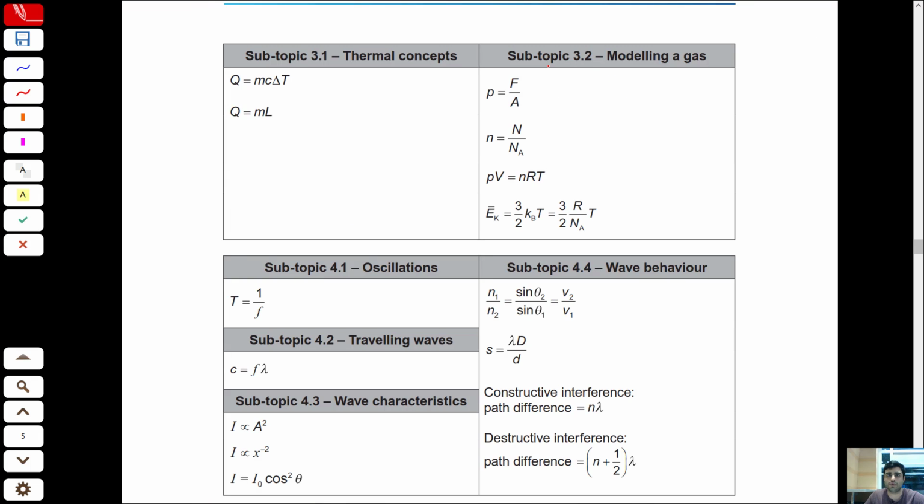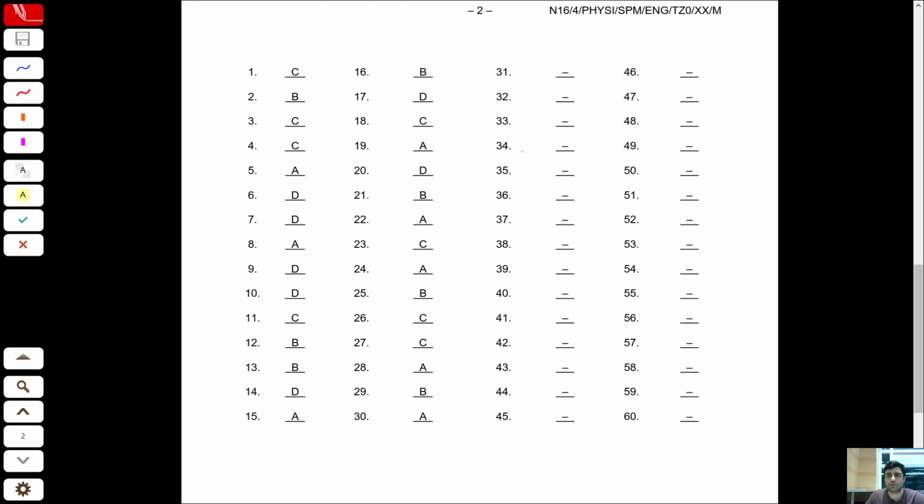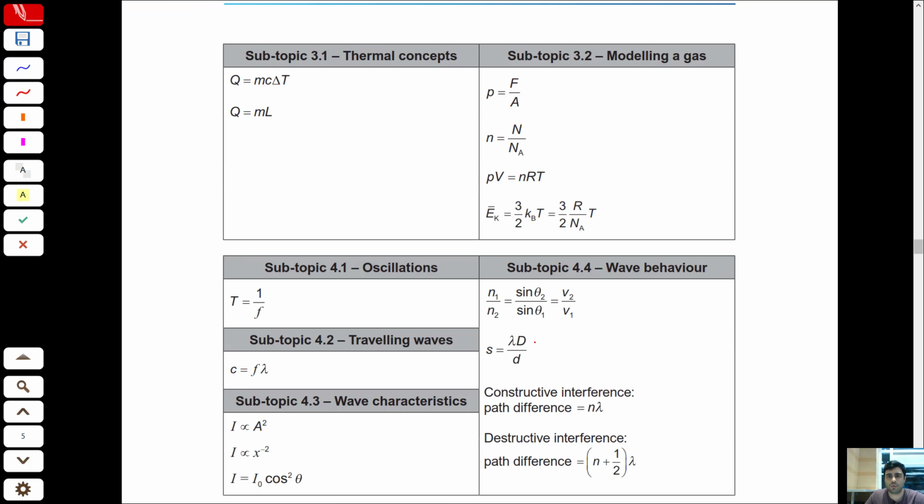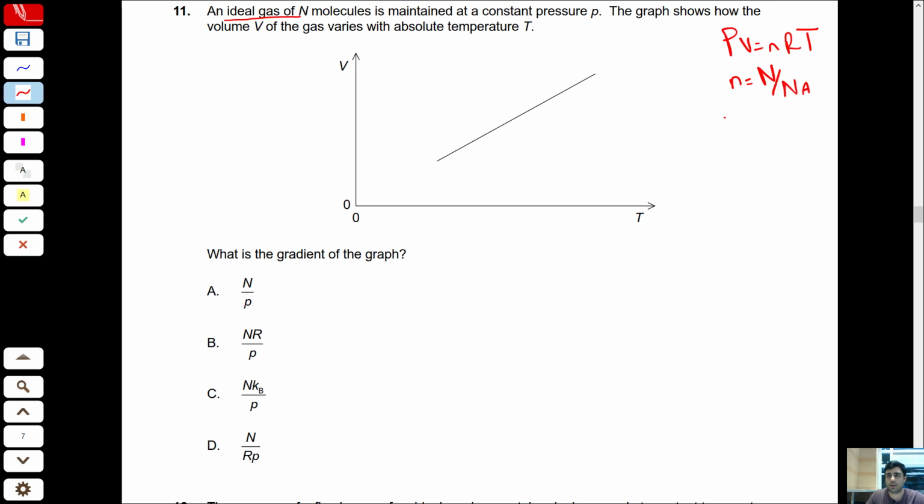So if you go to subtopic 3.2 data booklet, we will use PV equals nRT. We will also use this mole equation. So moles equals number of molecules divided by Avogadro constant. So let's also copy that equation here. So we have n equals N divided by NA. And we will use one more equation, which is this last one. So average kinetic energy. Let's copy it here.